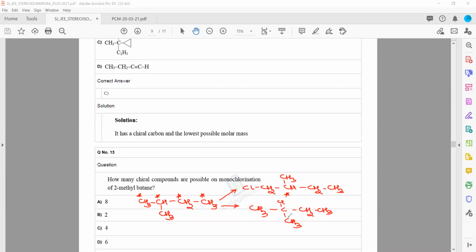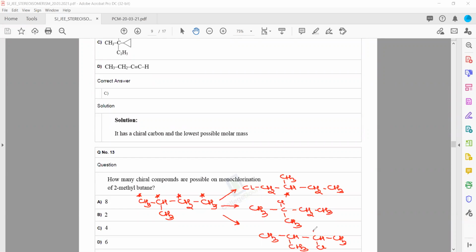No, because the two methyls are clashing. If I replace the H of the third carbon, I get the structure as C. This is CH3, CH with a Cl and CH3. Is it having a chiral carbon? Yes. Which one, first, second, third, or fourth?